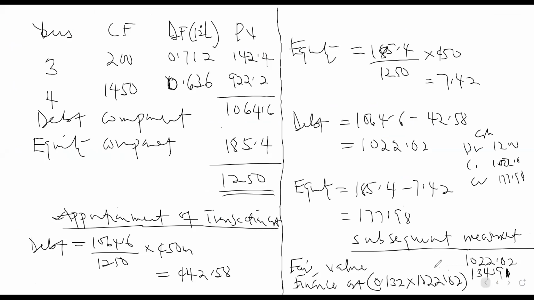Okay. The question is, what should be the amount that should go to profit or loss? From the calculation that we have done, our finance cost should be how much? 134.9. Okay. So we assume that the 50 million that has been charged to profit or loss is an expense. So that should be a portion of the finance cost taken there, and we only take the remaining figure.